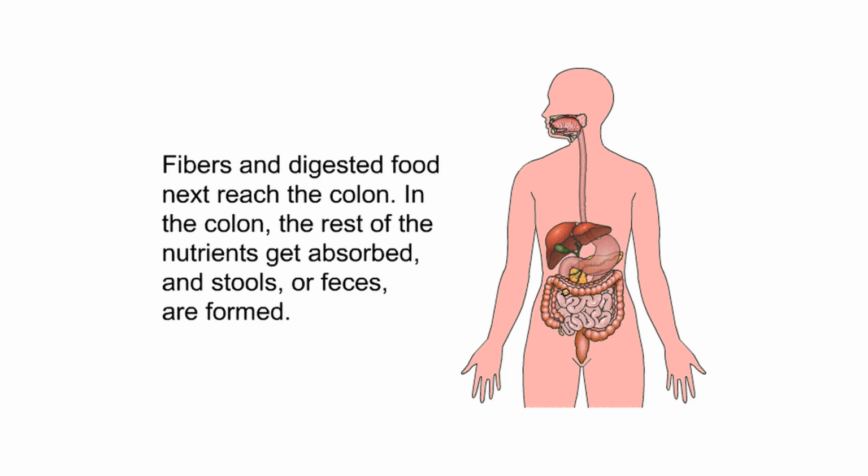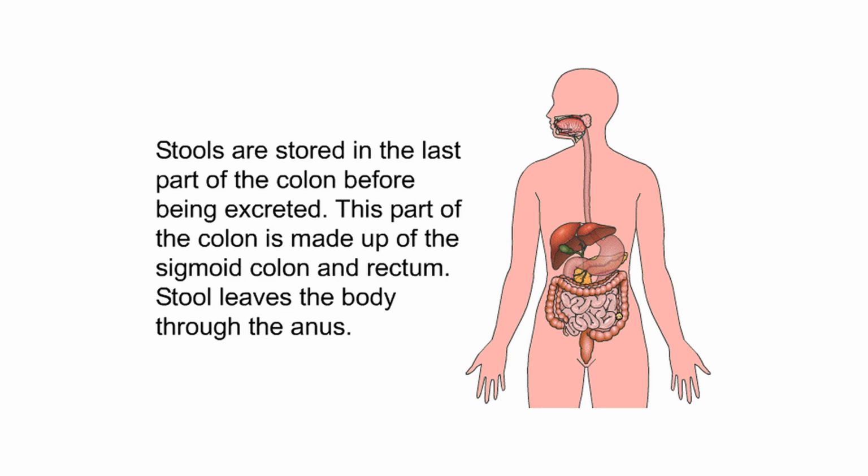Fibers and digested food next reach the colon. In the colon, the rest of the nutrients get absorbed and stools or feces are formed. Stools are stored in the last part of the colon before being excreted. This part of the colon is made up of the sigmoid colon and rectum. Stool leaves the body through the anus.